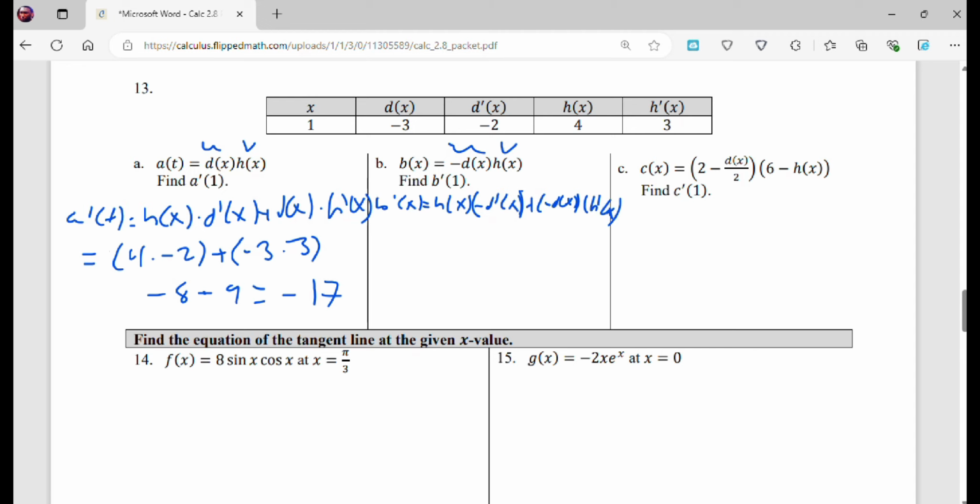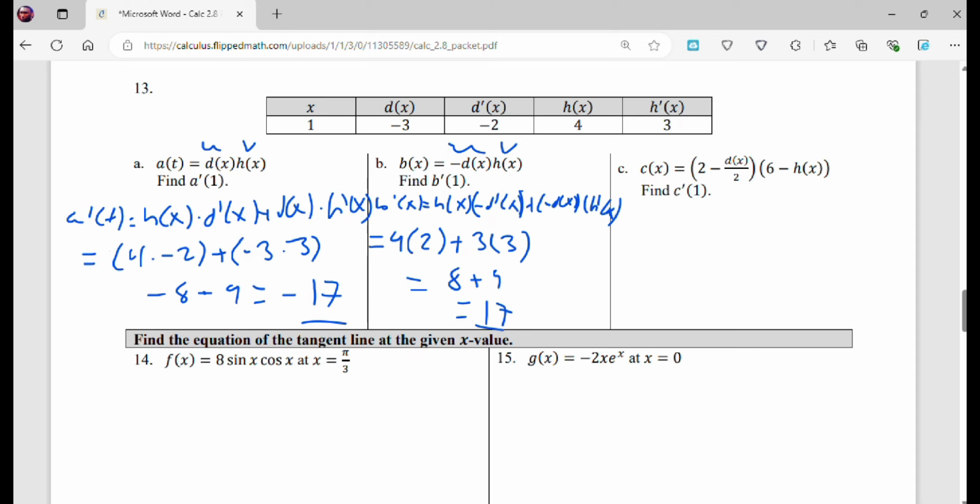Okay. H of x is 4. Negative d prime of x is negative 2, so it's going to be positive 2, plus negative dx, so plus 3 times h prime of x, just 3. So our answer is going to be 17, positive this time.